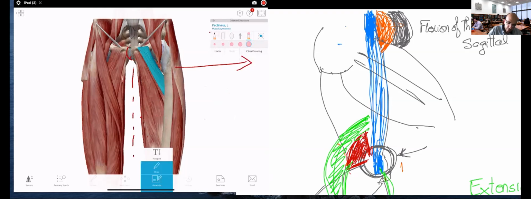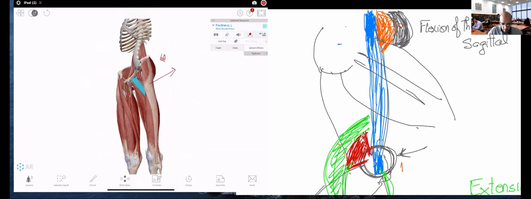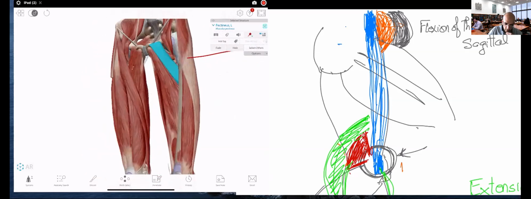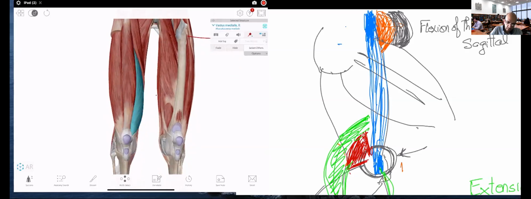Moving on to the muscles of the thigh that will be applying their action on the leg. In the anterior aspect of the thigh, we've seen 4 muscles. Those 4 muscles form together a single tendon that surrounds the patella.